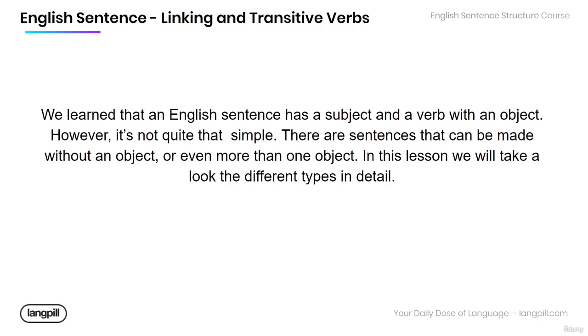But when we get more advanced, really that object isn't always an object like we think it is. So there are sentences that can be made without an object, or there are sentences that have more than one object, or there are sentences where it looks like an object, but actually we don't consider it an object. So in this lesson, we're going to go over those different types.